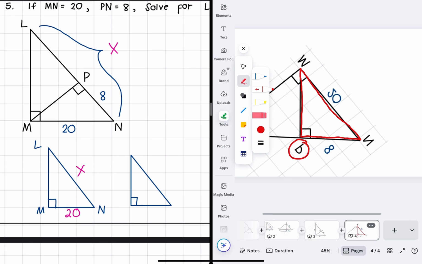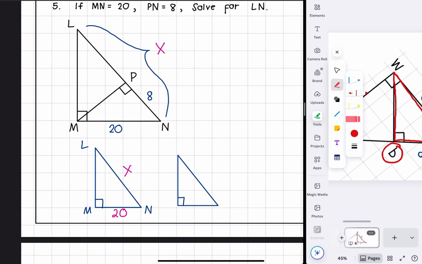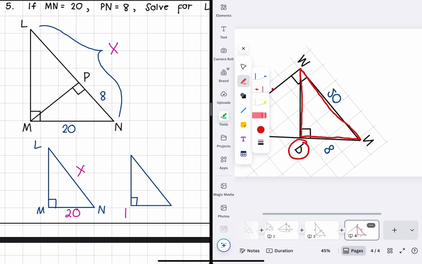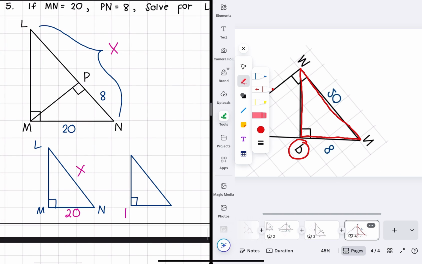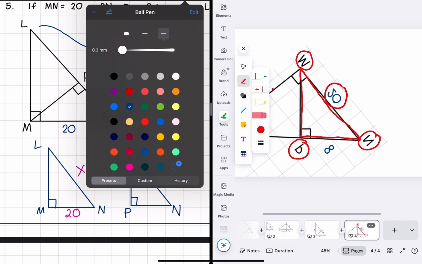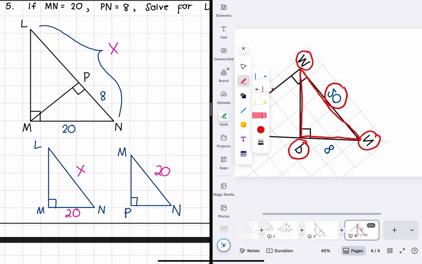So I'm going to write here P. Okay, and then the one on top is M, and the one on the bottom right is N. We can also see here that MN measures 20, and PN measures 8.